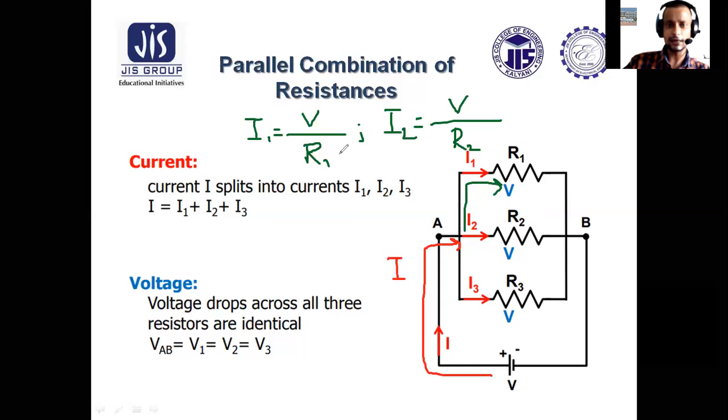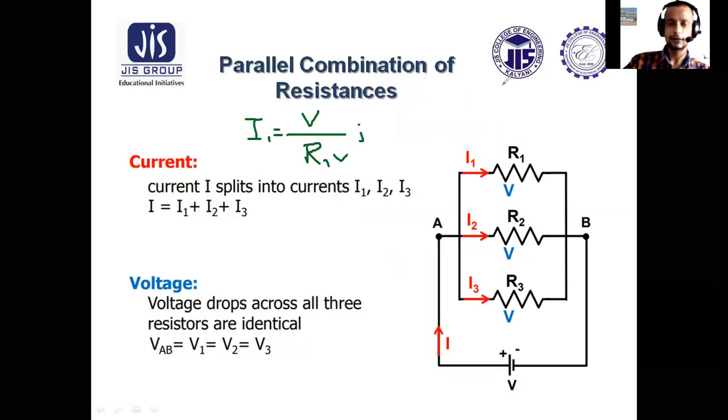Now, as these two resistances, R1 and R2, are not the same, I1 and I2 will be different. That is why in a parallel circuit, depending on the resistance value, current may differ.